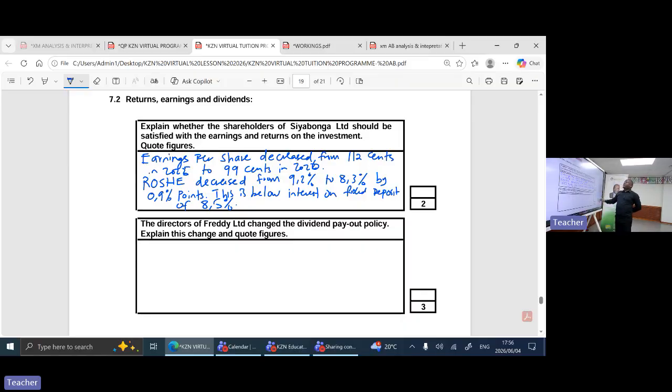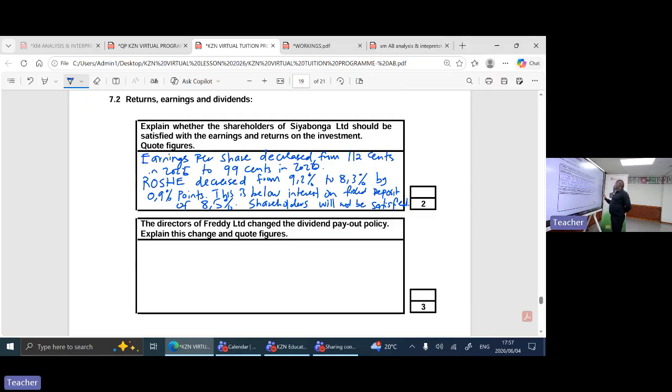So this is your answer: earnings per share in 2025, and then ROCE decreased from 9.2% to 8.3%, by 0.9 points. This is below interest on fixed deposits of 8.5%. Shareholders will not be satisfied. You can also add that here. Shareholders will not be satisfied, as they chose to invest in fixed deposits.